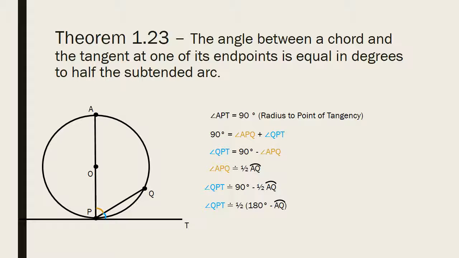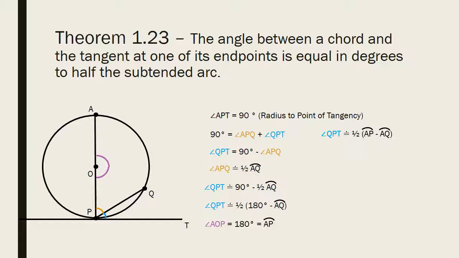So angle AOP is a central angle, and since it's the diameter, it's equal to 180 degrees. Now we can put this back into our equation and replace the 180 degrees with the central angle AOP, which is equal in degrees to the arc length AP.